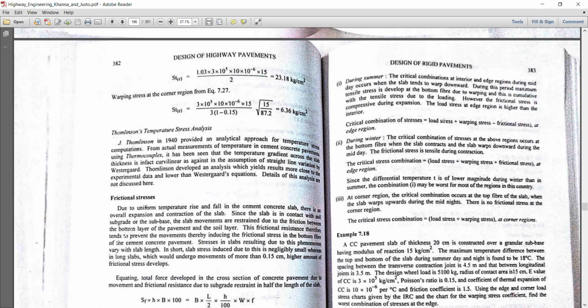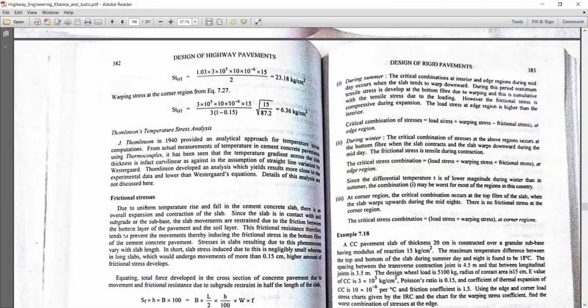The temperature is usually low at the bottom of the concrete slab during midday, because there will not be any temperature from the environment. So the frictional stress is tensile during contraction. Because of winter season, the slab will contract, not expand. Because of contraction, the frictional stress acts as a tensile stress.